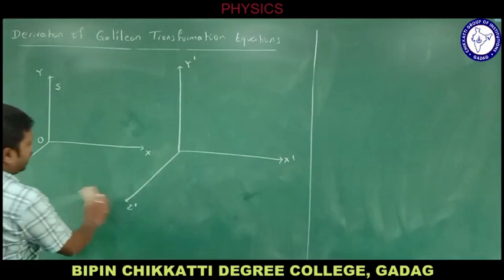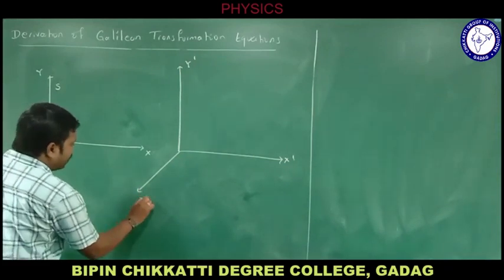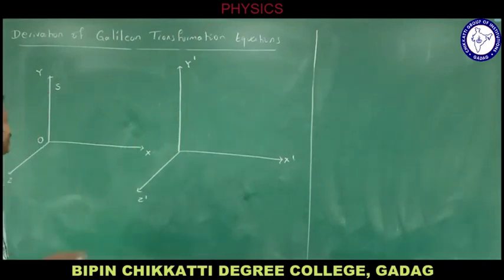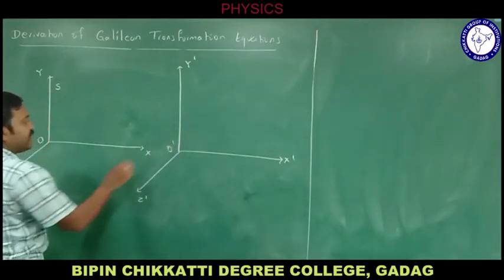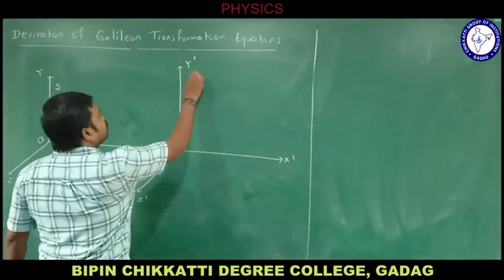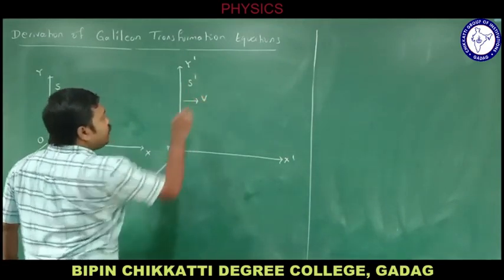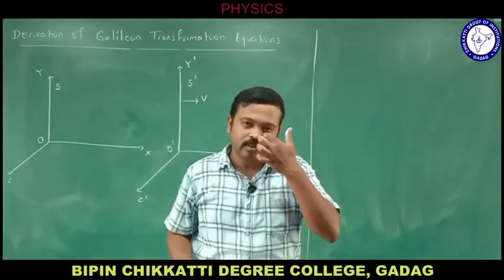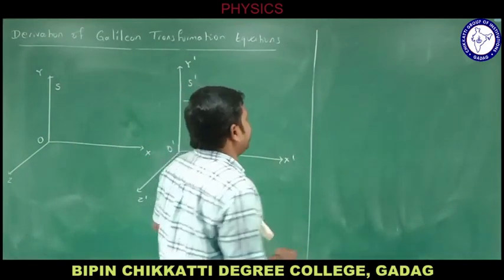Z and z dash parallel. Yes, they are parallel. y and y dash parallel, and x and x dash are in line with each other. And let me consider, yes, this is O dash, this is frame S, and this is frame S dash, which is moving with the velocity v here, right? Okay, now let me consider this situation here, right?